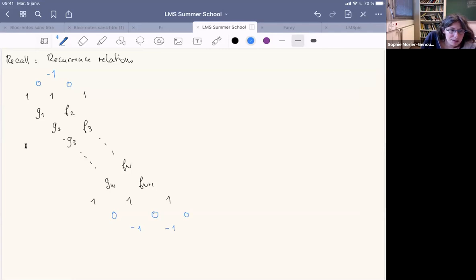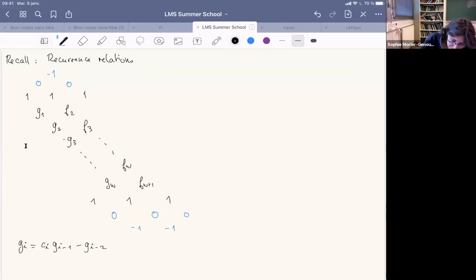Okay, and so what was proved earlier is that we have this relation: J_i equals c_i J_{i-1} minus J_{i-2}.